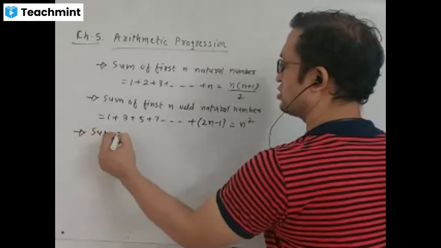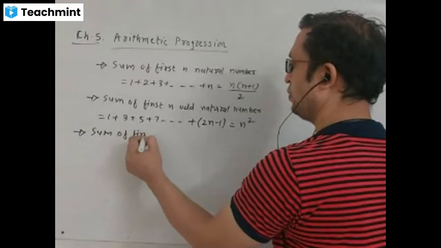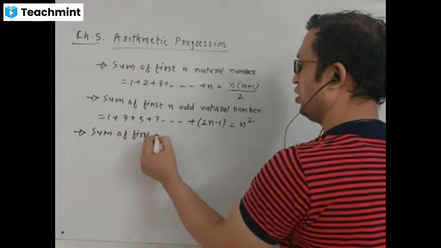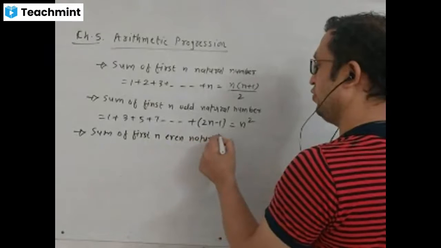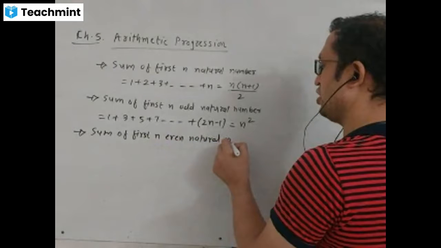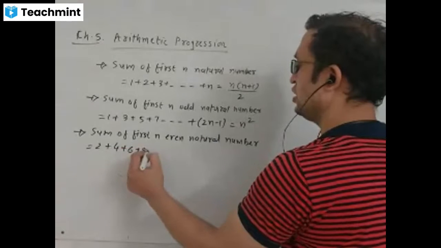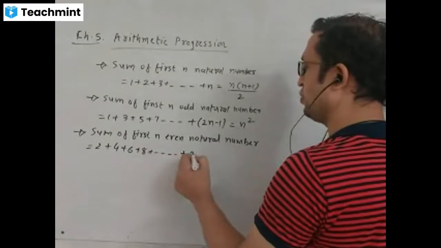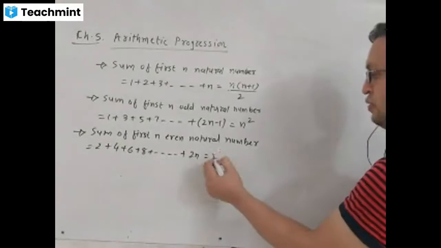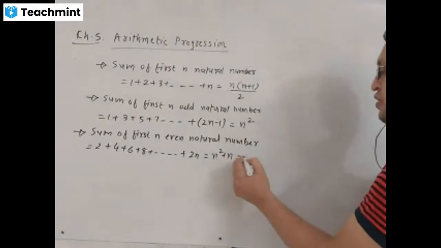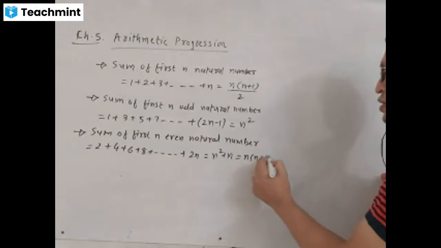Another one: sum of first n even natural numbers. That is 2 plus 4 plus 6 plus 8 plus 10 up to 2n, that is equal to n square plus n, otherwise n into n plus 1.